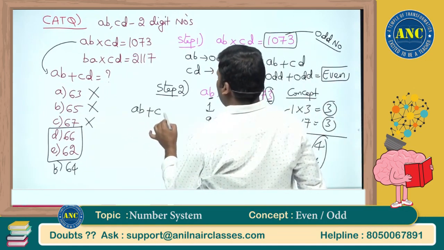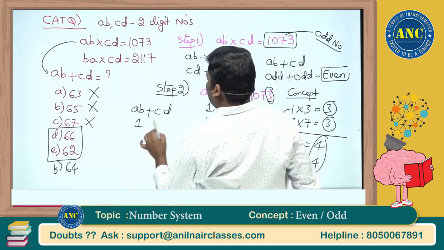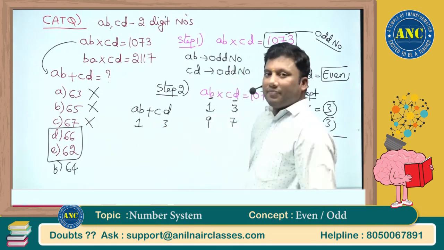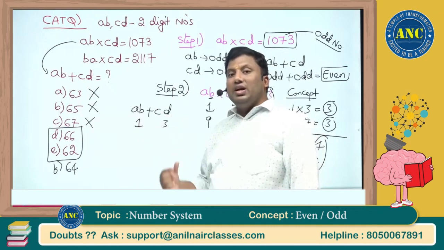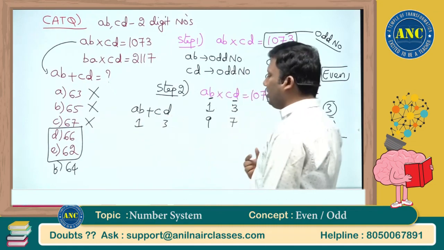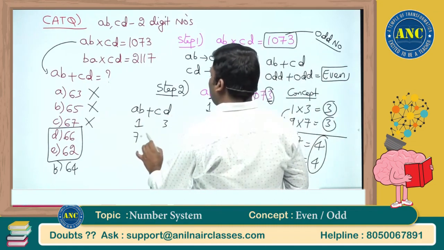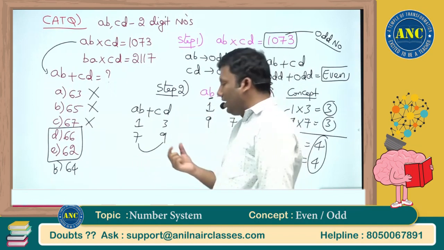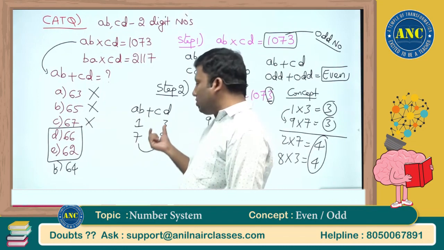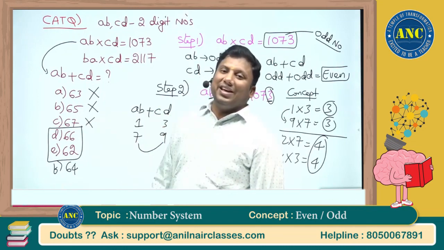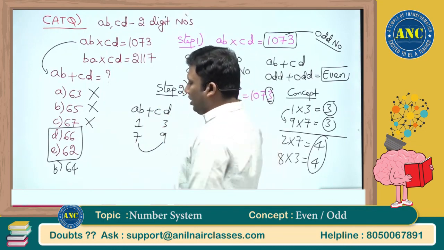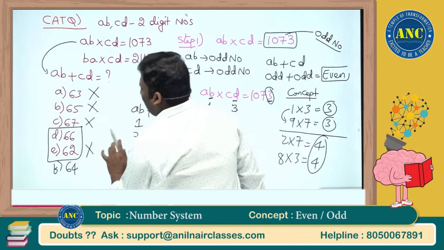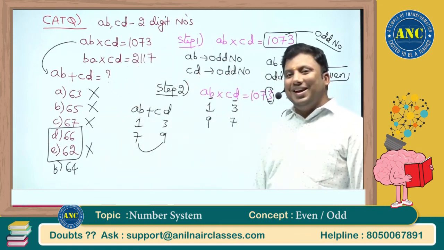AB plus CD. B is 1, D is 3. 1 plus 3 is 4, so the answer's unit digit can be 4. This is 7, this is 9. 7 plus 9 is 16, so this unit digit is 6. The answer has to have unit digit 6 or 4. Option E is eliminated.